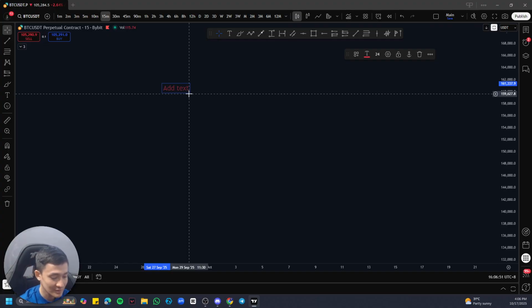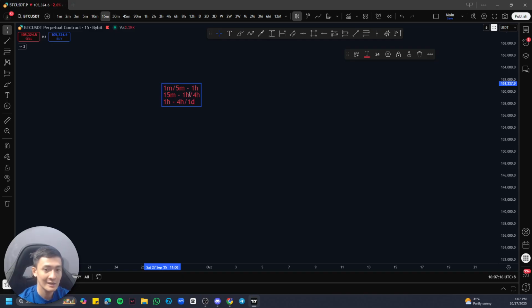For example, if we're trading on 1 minute or let's say 5 minutes, we want to look at the 1 hour time frame. If we're trading on 15 minutes, then we want to look at I would say 1 hour or 4-hour time frame. If we're trading on the 1 hour time frame, then we want to look at 4-hour or even the 1 day time frame.